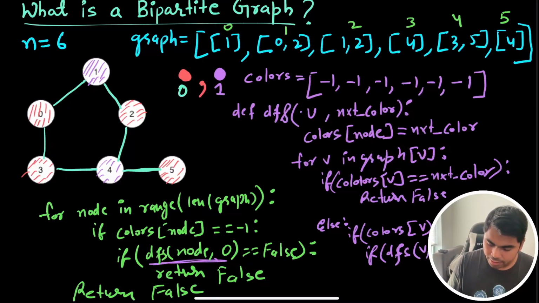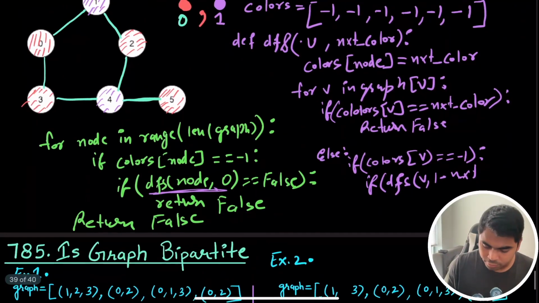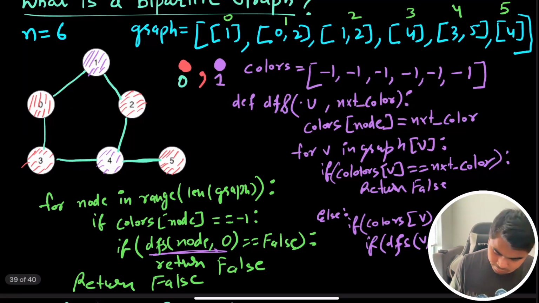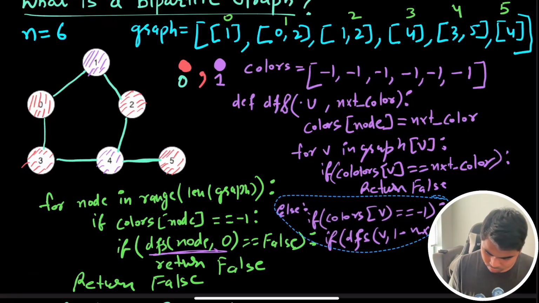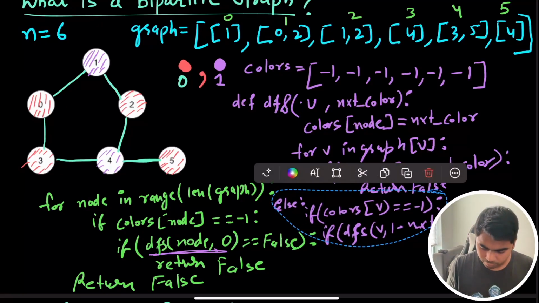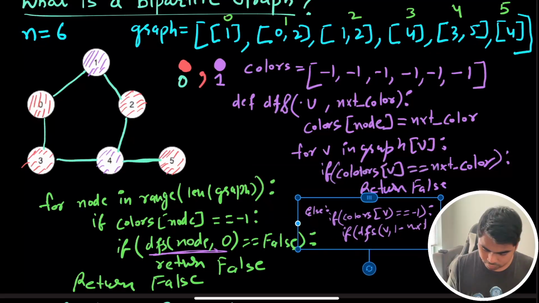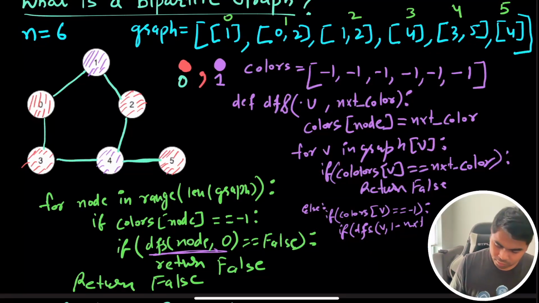So if DFS on V and next color would be 1 minus next color. And let me tell you why I am doing this. If the last color was 0, 1 minus 0 would be 1.